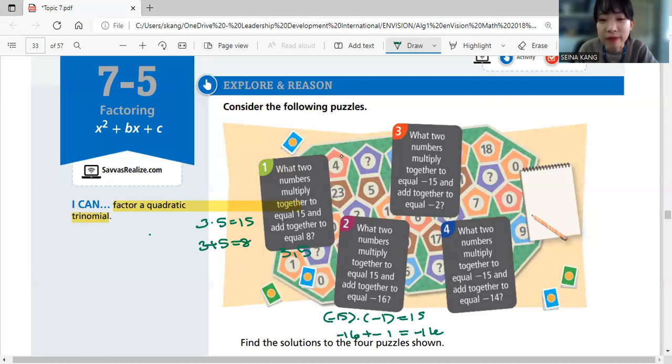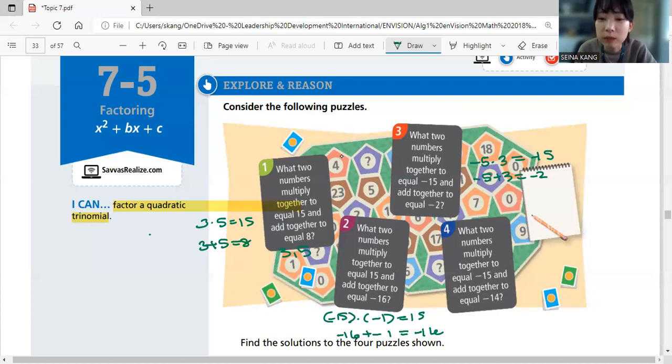Think about 3 and 5 again. Which number has to be a negative in order for the sum to be negative 2? The bigger number, which is 5, has to be negative. So negative 5 times positive 3 is negative 15. Negative 5 plus 3 is negative 2. And so negative 5 and 3.